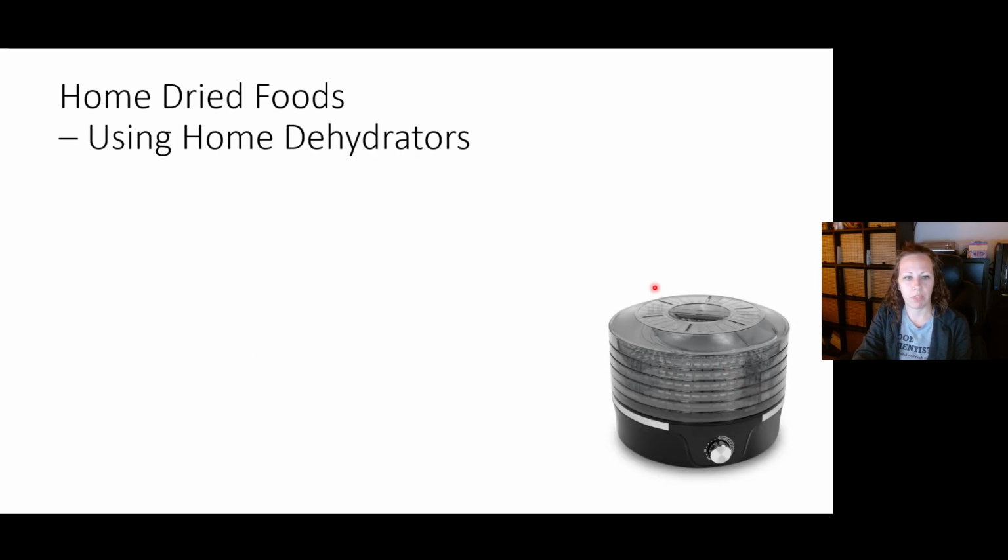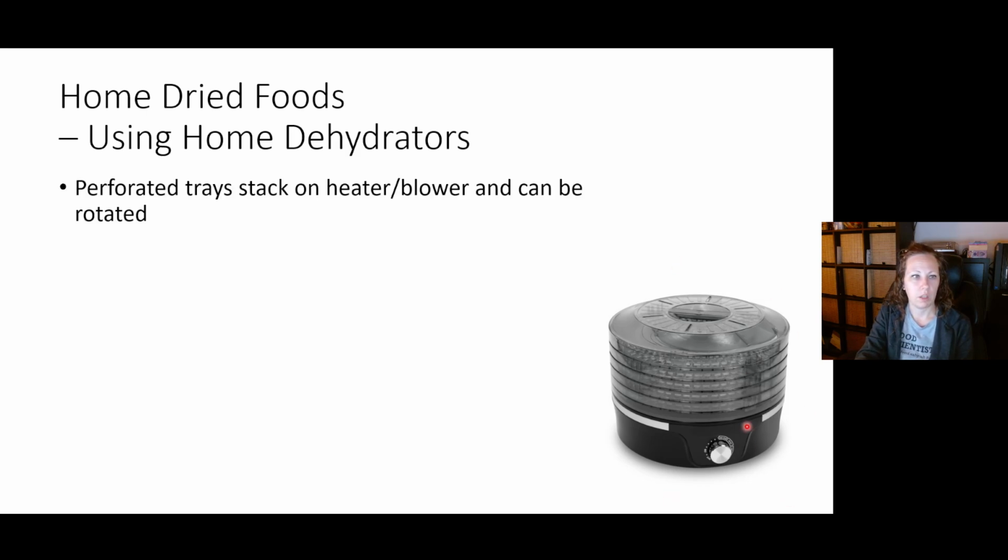Okay, the last method of home drying foods is using the handy dandy home dehydrator. So initial cost, this might be more expensive because you actually have to buy a dehydrator, but the energy use in using it and not having your room completely heated up by an oven is going to be less than the oven method.